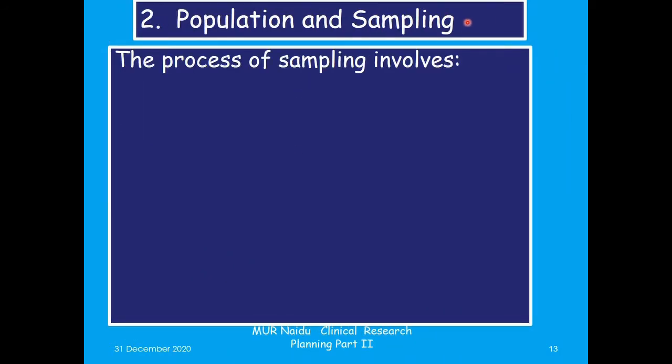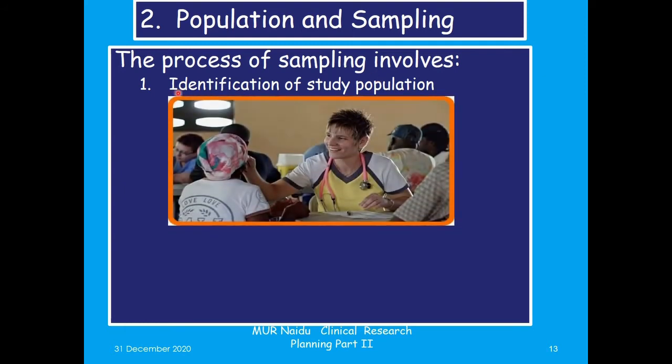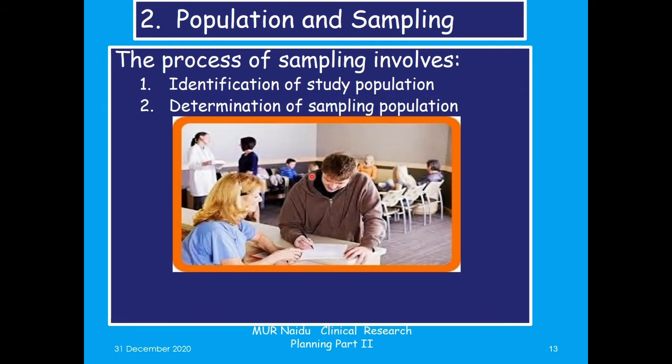Now let us see the important processes involved in knowing the population and sampling the participants for a clinical research. The process of sampling involves, number one, proper identification of a study population for the study; determination of the sample population, which participants you want to include into your clinical trial.